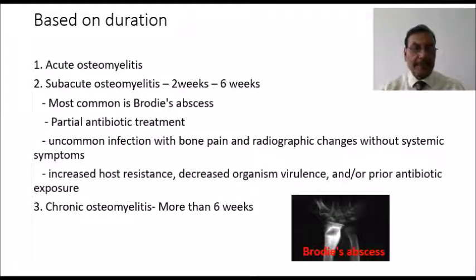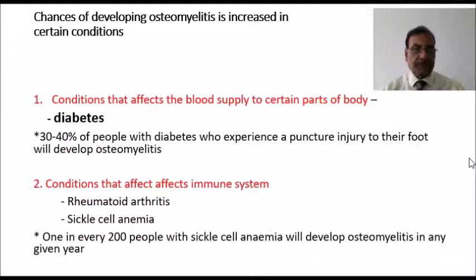Remember, it can be subacute from the very beginning in some cases, for example if there is partial antibiotic treatment, or the host resistance is increased, or the virulence of the organism is decreased. So it starts not from the acute but from the subacute stage. Chronic osteomyelitis is usually considered after 6 weeks.